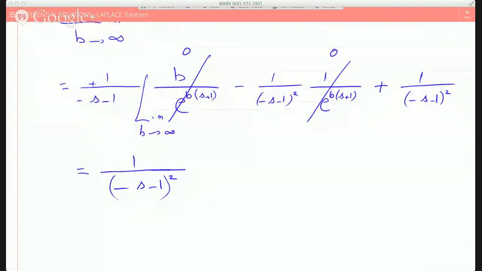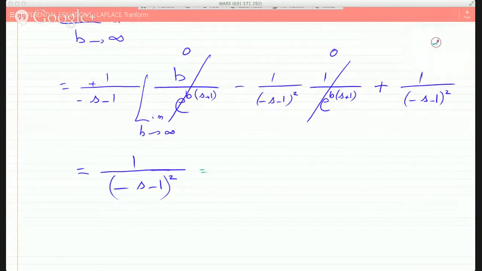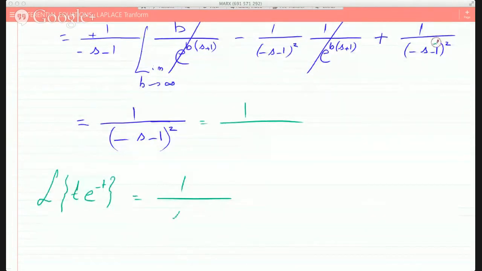That means the Laplace of t e to the minus t turned out to be 1 over, since it's squared, I could equally write this as s plus 1 squared.